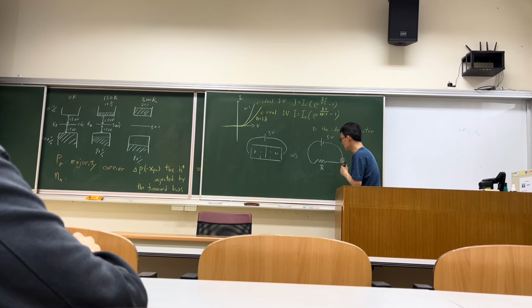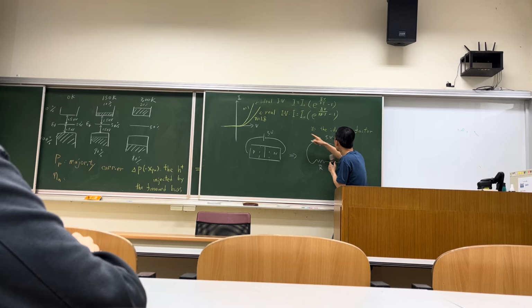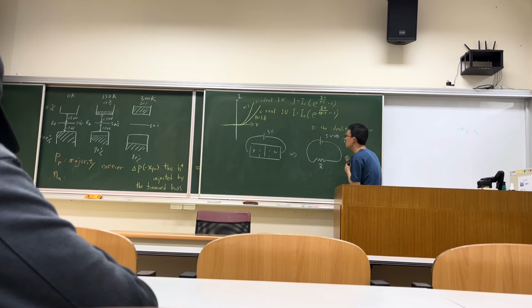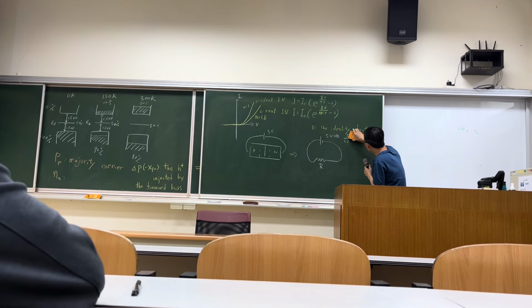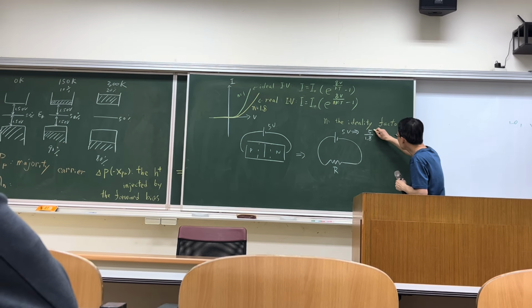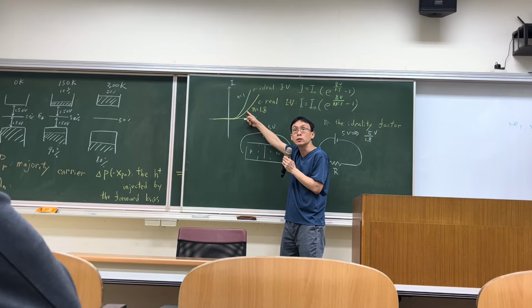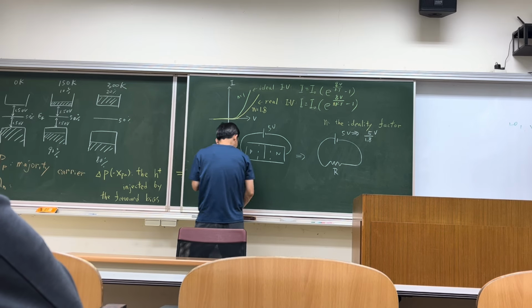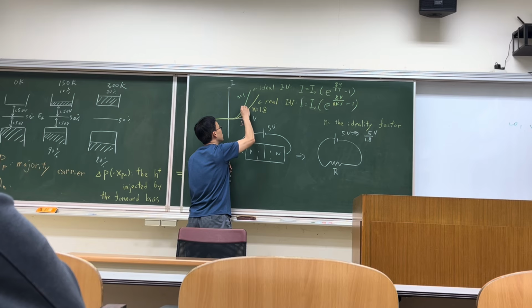Okay, you have some factor make this 5 divided by 1.8, making your current lower than the ideal one. 5 volts, suppose this is 5 volts, supposed to give you this much current, right?